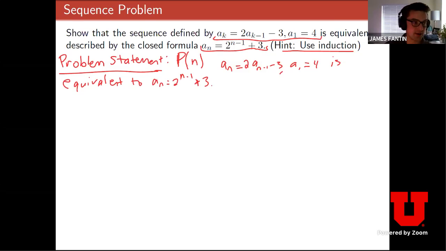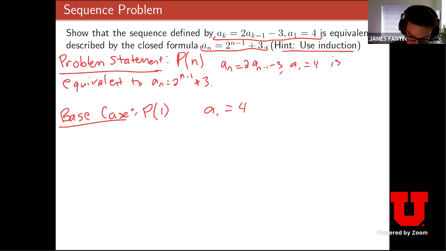Then for the next part of any induction proof, we have to do the base case. We have to prove that the problem statement is true for the first value, which in this case is 1. From the recursive formula, a1 is equal to 4.